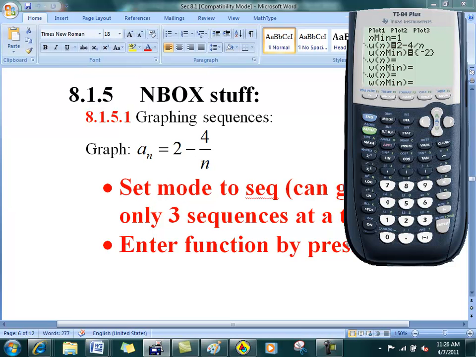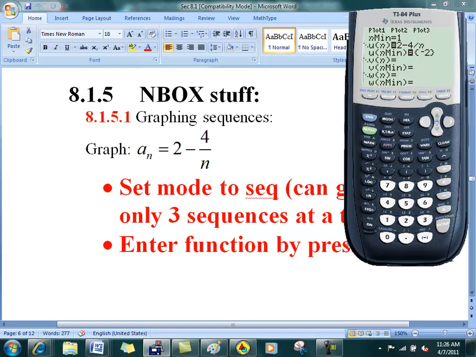For the TI-84, it wants the smallest value of n that you're going to start out with. In our case, we are starting out with 1. So n min, which is the smallest value of n, is going to be 1. u sub n is the equation that you see for the sequence. In this case, it is 2 minus 4 over n. And for some strange reason, this calculator wants to know what the very first term in the sequence is.